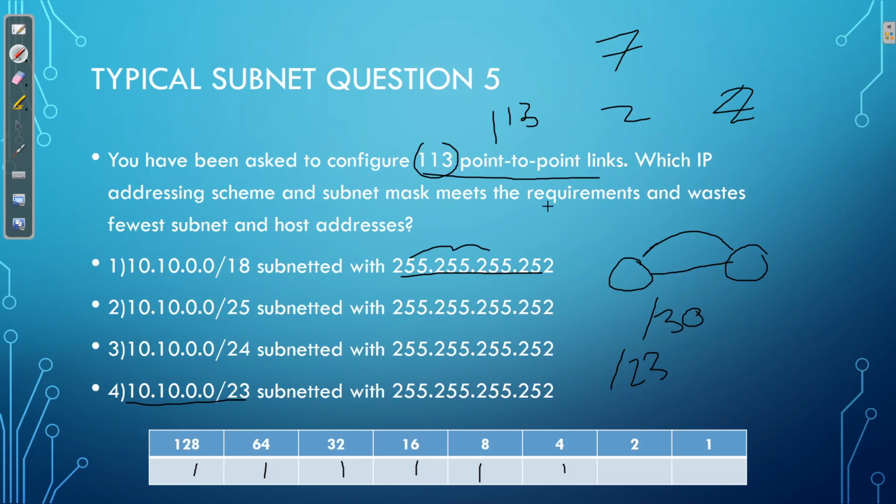But this is why it's important to read the question properly, because it's saying we need to waste as few subnets and host addresses as possible. The one which allows strictly for 7 subnet bits and 2 host bits is number 4, because we begin with a /23. To get to a /30, we have to take 7 host bits, so we're left with 7 subnet bits, 2 host bits, and that meets our requirements.